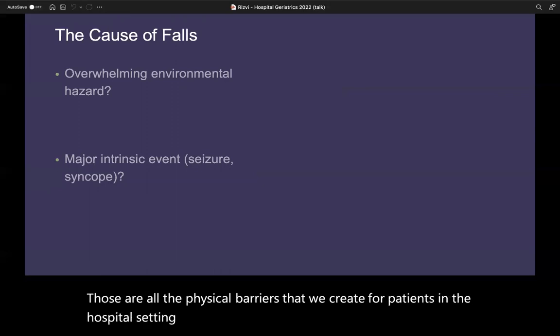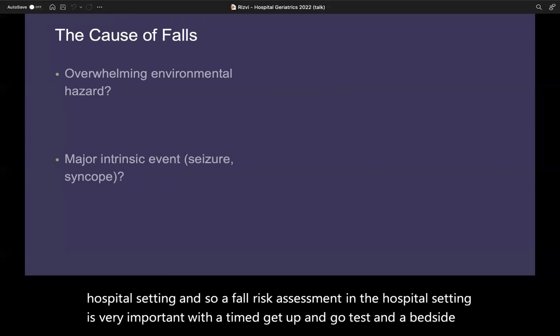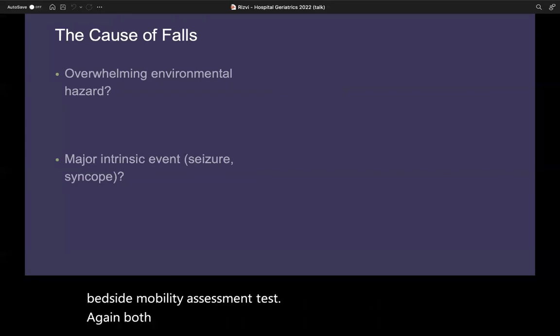And so a fall risk assessment in the hospital setting is very important, with a timed get up and go test and a bedside mobility assessment test. Again, both things that can go on for a whole separate talk on a different day.